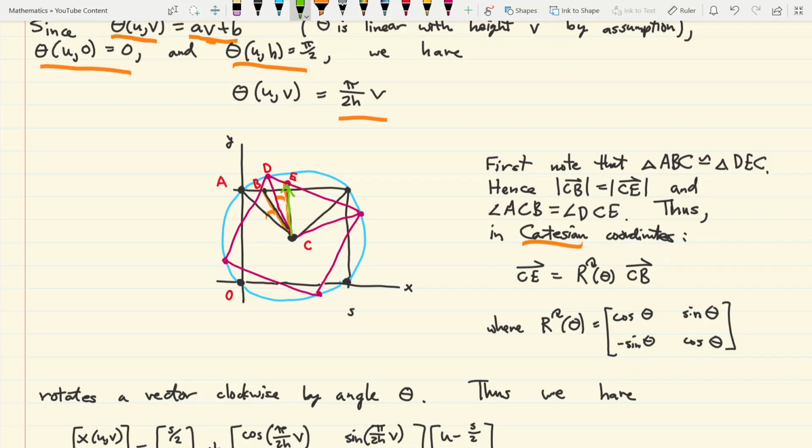So this vector CE is a rotation matrix, rotating clockwise by angle theta, which you can think of as this matrix, times the vector CB, and these are thought of as column vectors, of course. So CB is the one we started with. So you just rotate by angle theta, which is equivalent to just multiplying by this matrix.